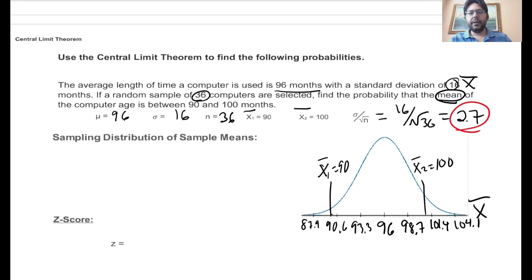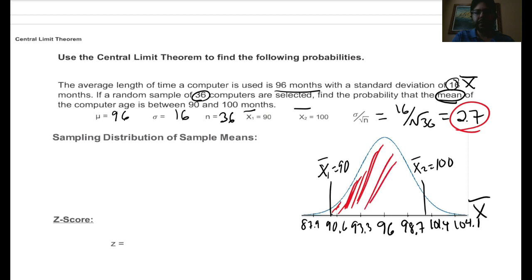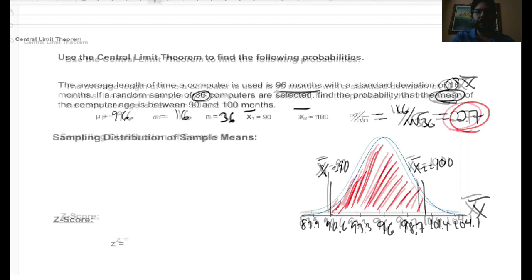All right, so that's our curve and that's our distribution.